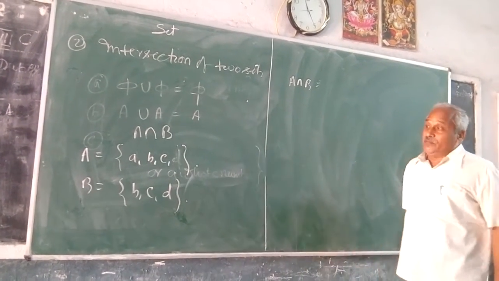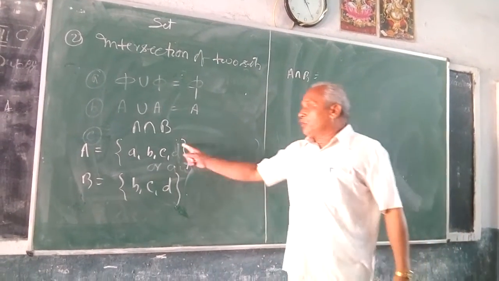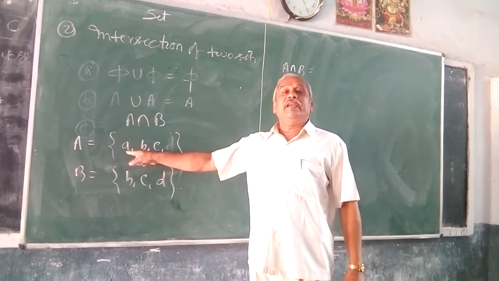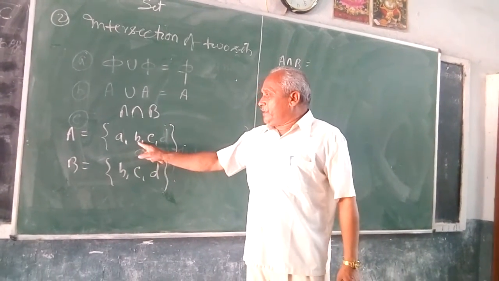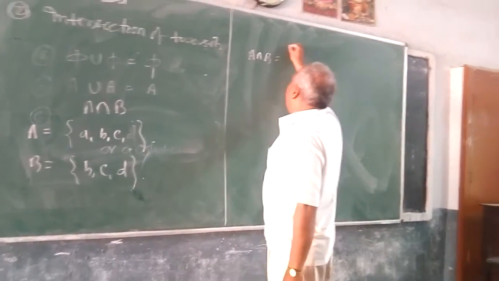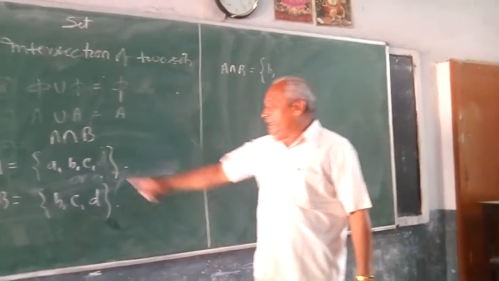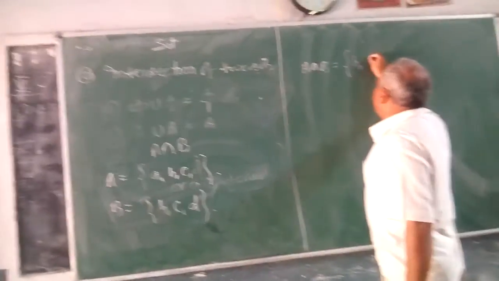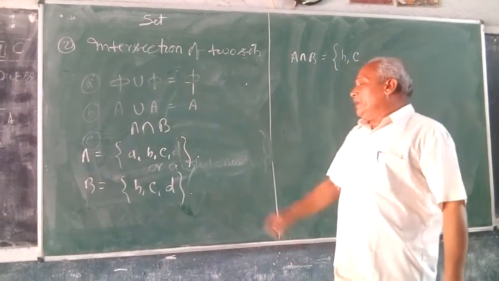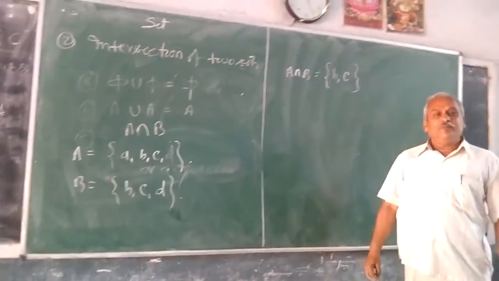But for A intersection B, we will choose only those elements which are common to both the sets. You can see here, A is only in A, it is not in B, but B is in A as well as in B. Therefore, we take the element B here because B belongs to both the sets. C belongs to both the sets, we will take C again, and D belongs only to B, therefore we will not take D. Therefore, it is the A intersection B.